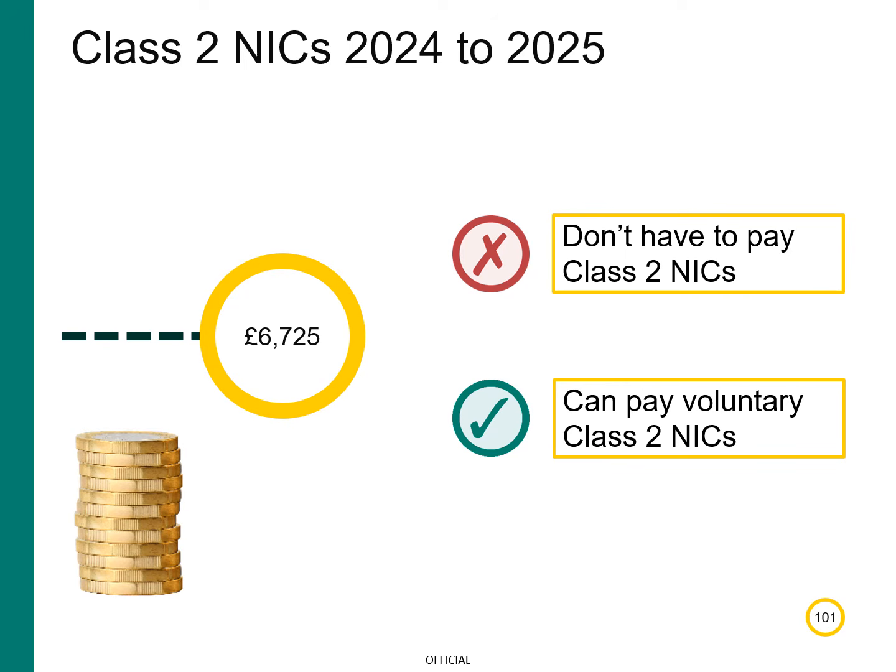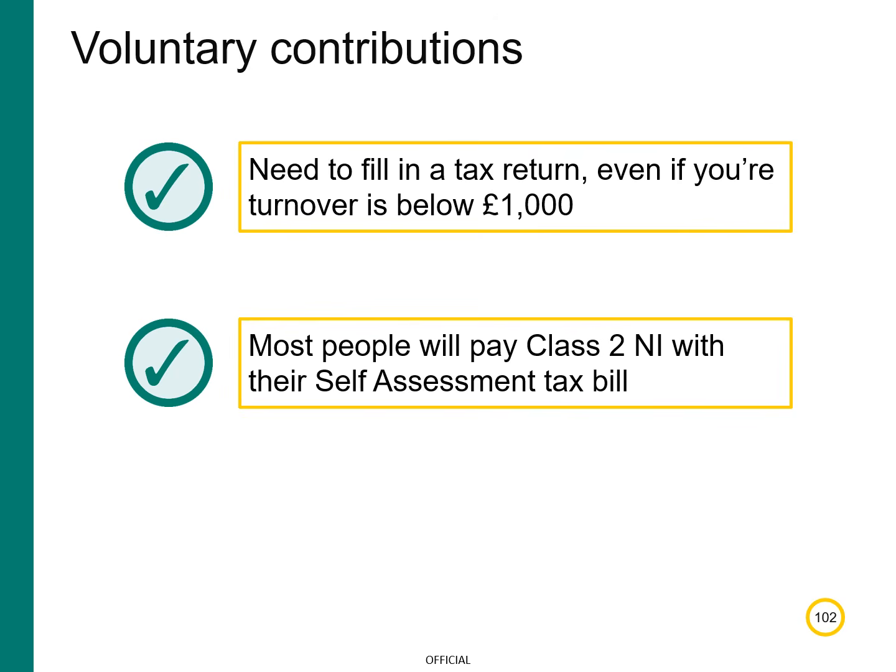However, you can choose to pay voluntary Class 2 NICs to protect your entitlement to state pension and certain benefits. To make voluntary contributions, you're required to fill in a tax return even if your turnover is below £1,000. Most people will pay voluntary Class 2 contributions with their self-assessment payment by the 31st of January following the end of the tax year.